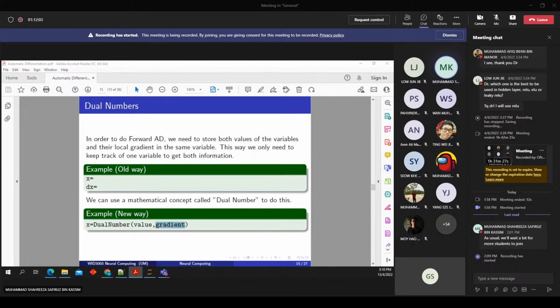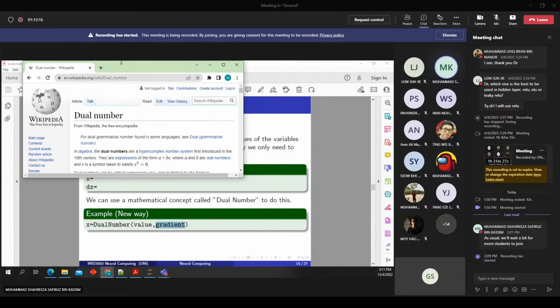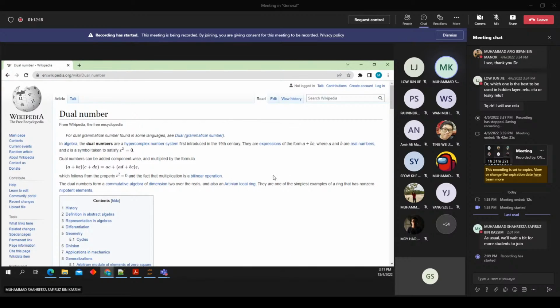So if you Google dual numbers, you'll reach a Wikipedia page. So in algebra, you have a hypercomplex number system.